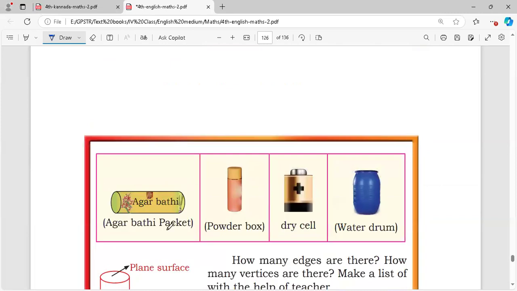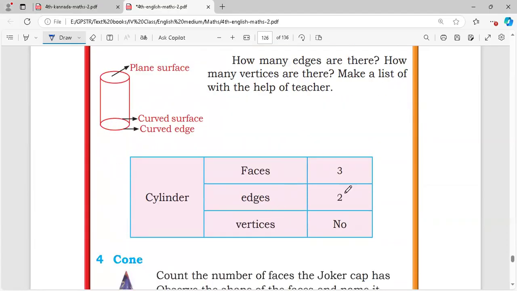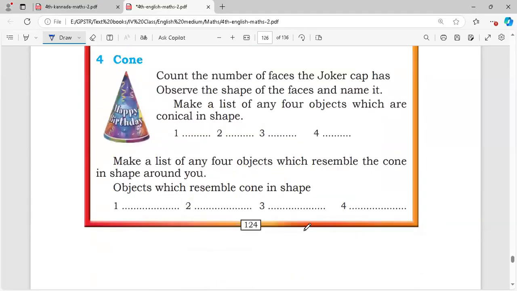They are given: agarbatti packet, powder box, dry cell, water drum, etc. Here, plane surface, this is a circle. Curved surface, curved edge. That means faces 3, edges 2, and no vertices here.